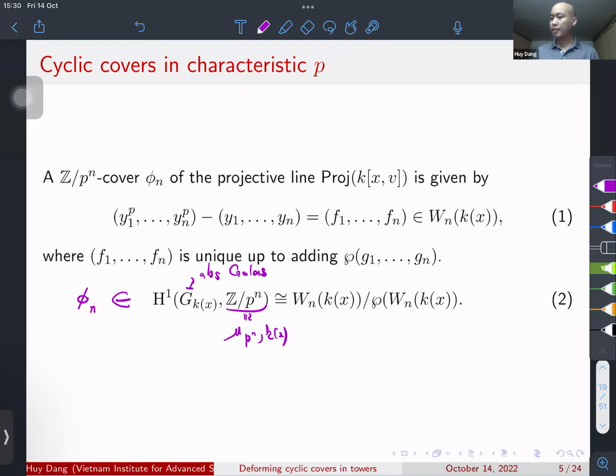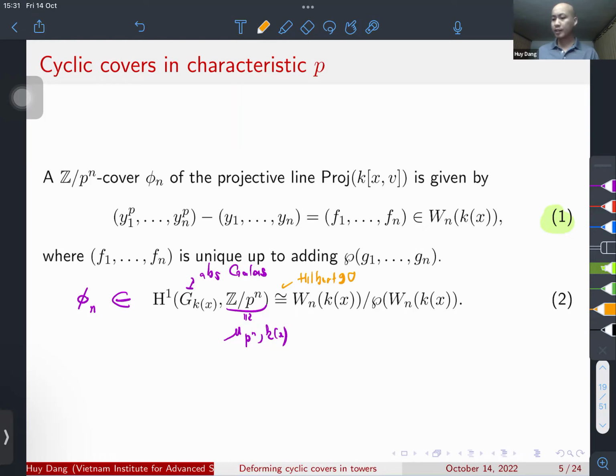So the above actually follows from a result, Hilbert's Theorem 90. The left-hand side is isomorphic to a bit vector of length n modulo the Weierstrass operation.